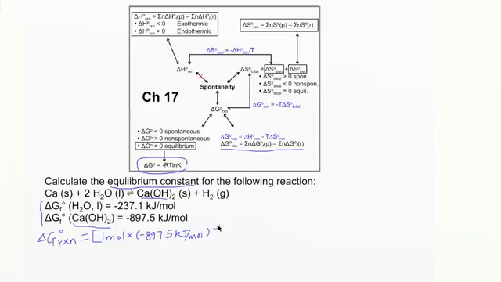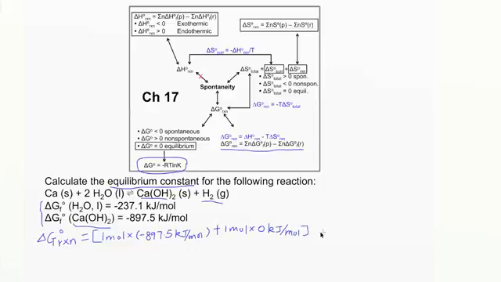Okay. Second product is hydrogen. 1 mole of hydrogen, but because it's a free element, the delta GF for a free element usually it's 0, and it's not given here. It's because it's 0. Okay, so it's 0 kilojoule per mole.